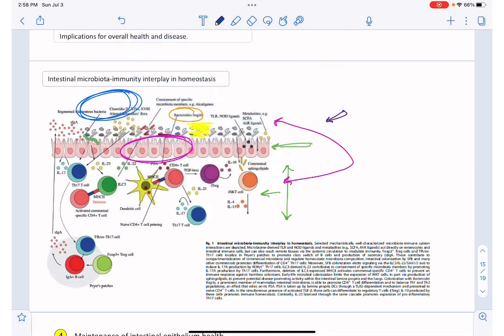But one thing that really needs to be considered is that these epithelial cells are linked together by tight junctions. And those tight junctions prevent relatively large particles and other microbiota from getting from the lumen down into the connective tissue.